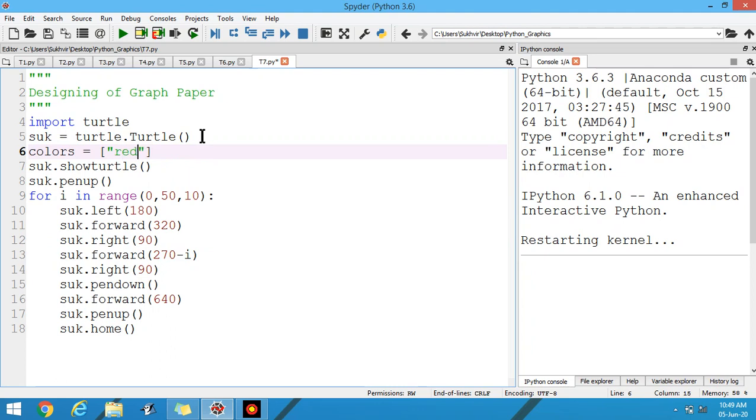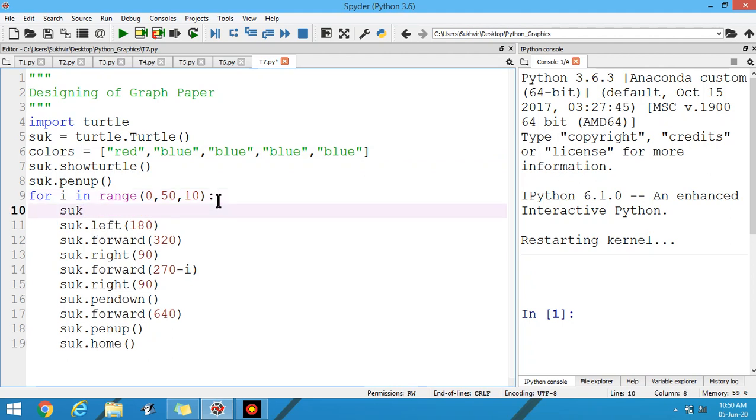Suppose the first one is red, the second one is blue, and the third is again blue. Copy and paste the content here. Because the other colors required are blue, first should be red and 4 lines should be blue. That's why I am writing like this.